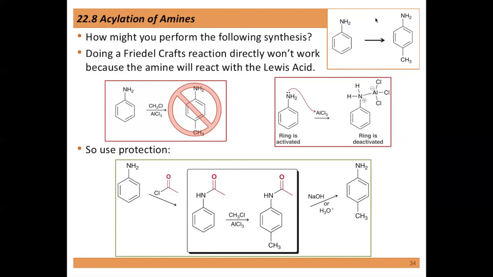And again, if I wanted to actually make this one here, which is known as para-toluidine, I would then throw in a base or acid and hydrolyze that amide, and I would have my amine. So this is the third protecting group that we've seen. Back in alcohols, we had the TMS protecting group. In the aldehyde ketone chapter, we had acetals that served as protecting groups, and you can actually have these acyl groups that serve as protecting groups of amines.